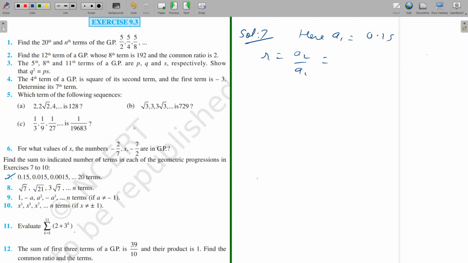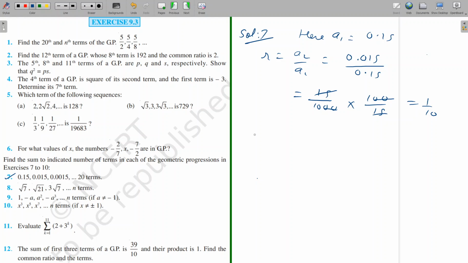A2 is 0.015 over A1, A1 is 0.15, and this we can rewrite as 15 over 1000 into 100 over 15. So 15 and 15 cancel out, these two zeros also cancel out, so we'll get 1 by 10 as the ratio. So R is 1 by 10, and what we have to find is S20.